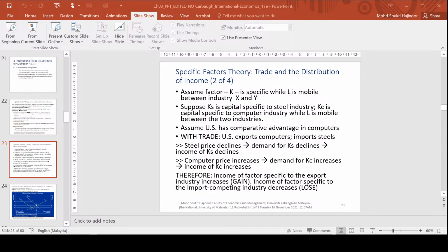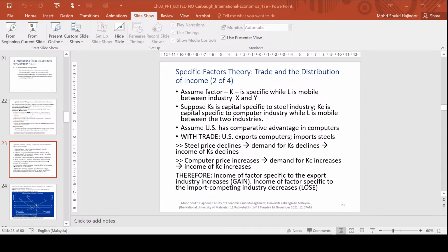This is the starting point A. 14 laborers are working in the computer industry, and we have 30 in total, so 16 in the steel industry to start with. 14 and 16. So that's the starting point.